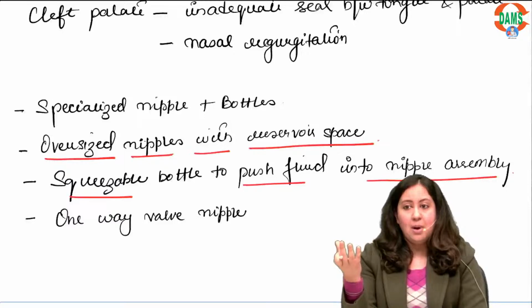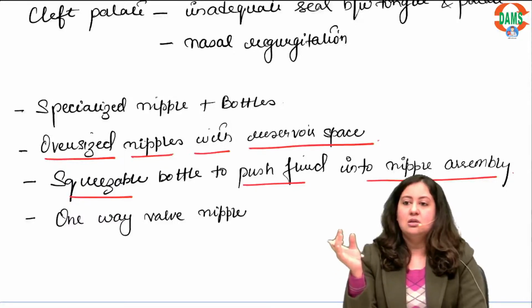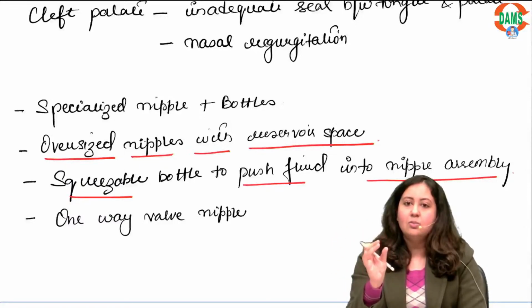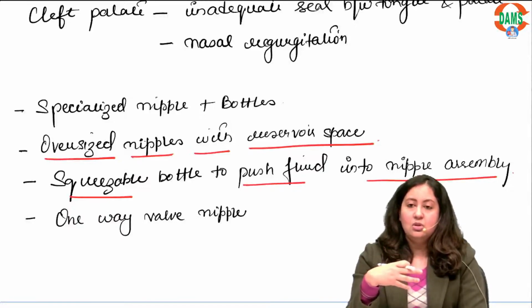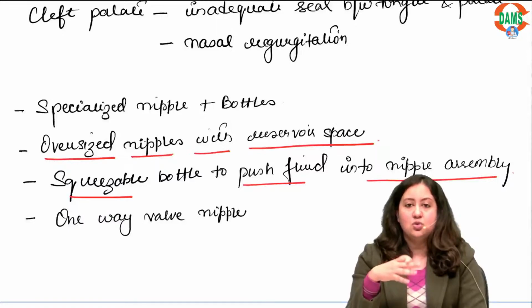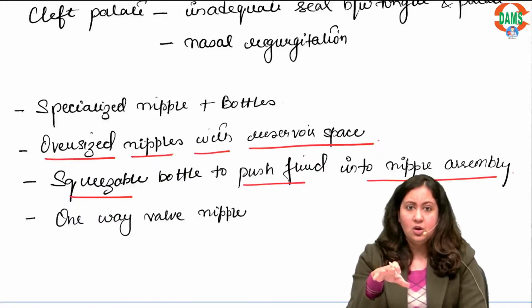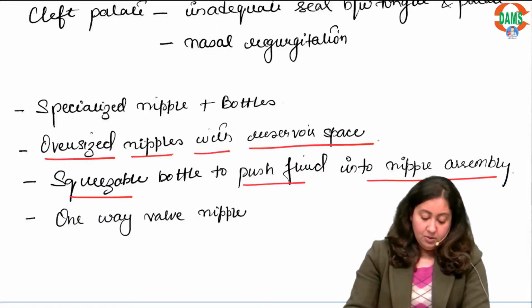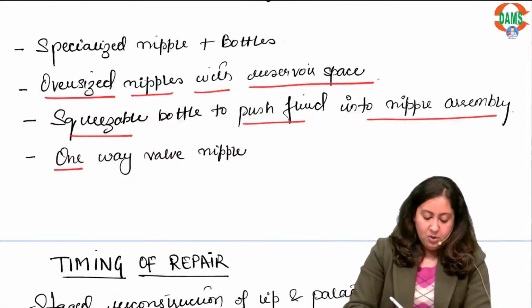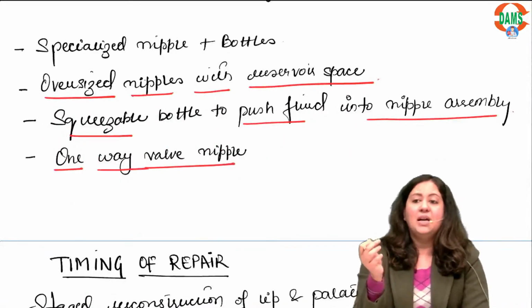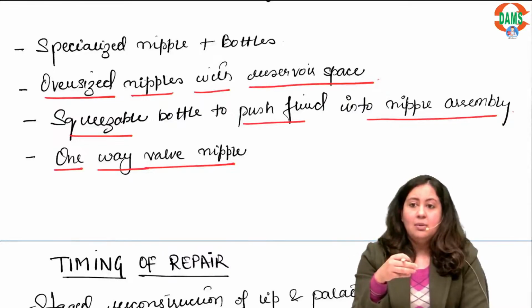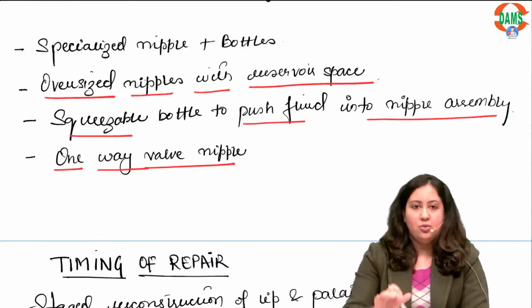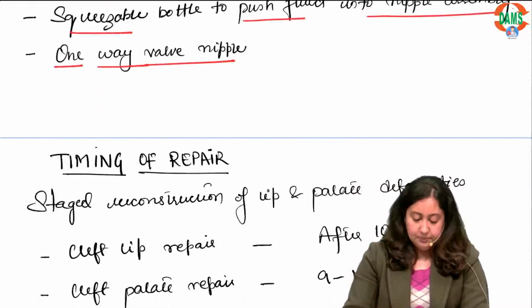So just like a pump, you squeeze the bottle, the milk goes into the reservoir, and from that reservoir it slowly goes, so that the child is able to maintain the pace and there is no regurgitation. All right. And one way valve nipple. So the nipple also has a valve which maintains the amount of milk being delivered to the child. All right, just the names, you don't again need to go into the details.